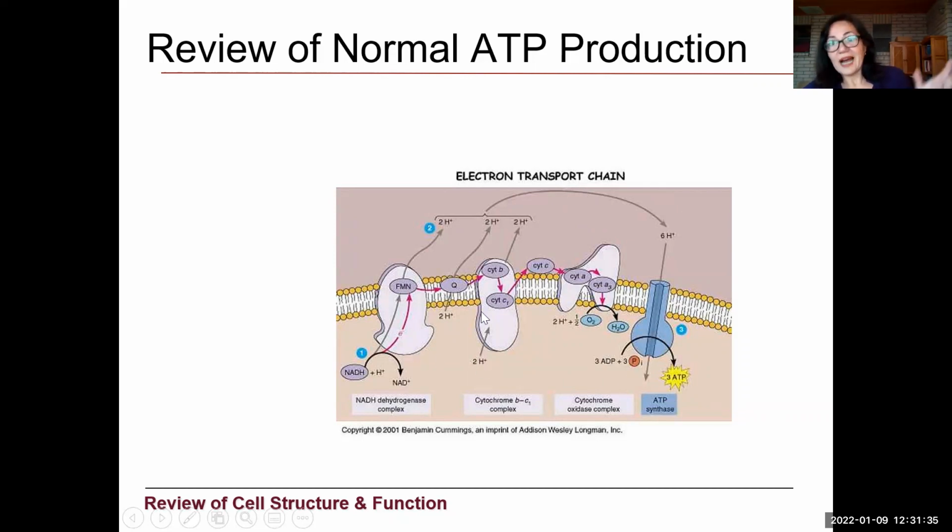This is how we get all that ATP, is using this protein ATP synthase that's powered by having these protons coming through. So in the absence of oxygen, the electrons don't flow, so the protons don't flow, so the ATP doesn't get made. And that is the tragedy of going without oxygen.